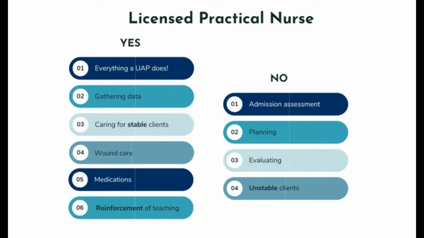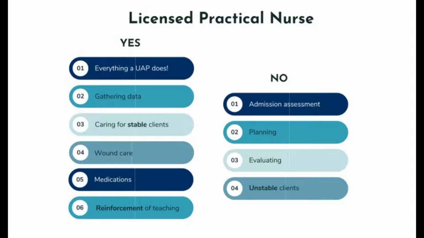However, these people are not allowed to do assessment, admission assessment. They cannot do admission assessment. Why? Every initial assessment must be done by the registered nurse. So admission assessment is out of their scope of practice. Next is planning. They cannot plan.